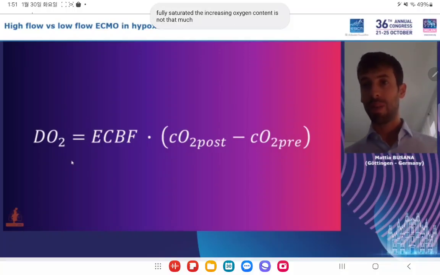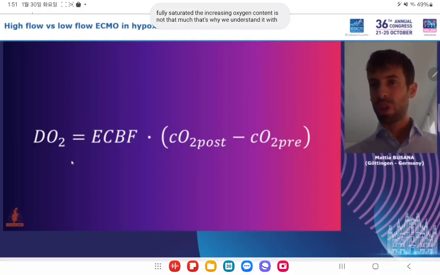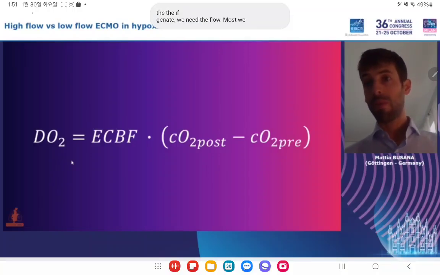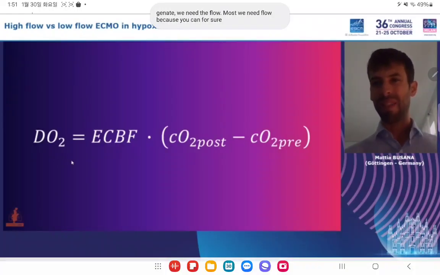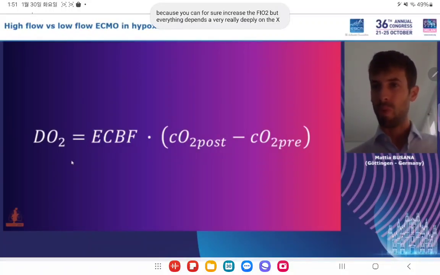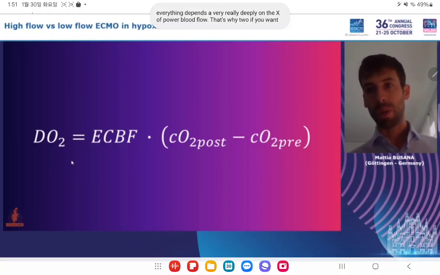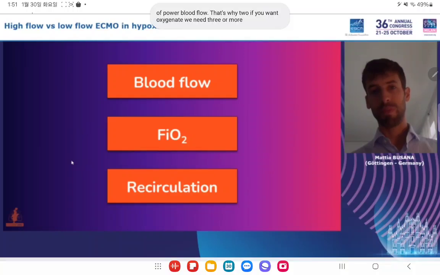That's why if we want to oxygenate, we need flow. You can for sure increase the FiO2, but everything depends really deeply on the extracorporeal blood flow. That's why if we want to oxygenate, we need 3 or more liters.